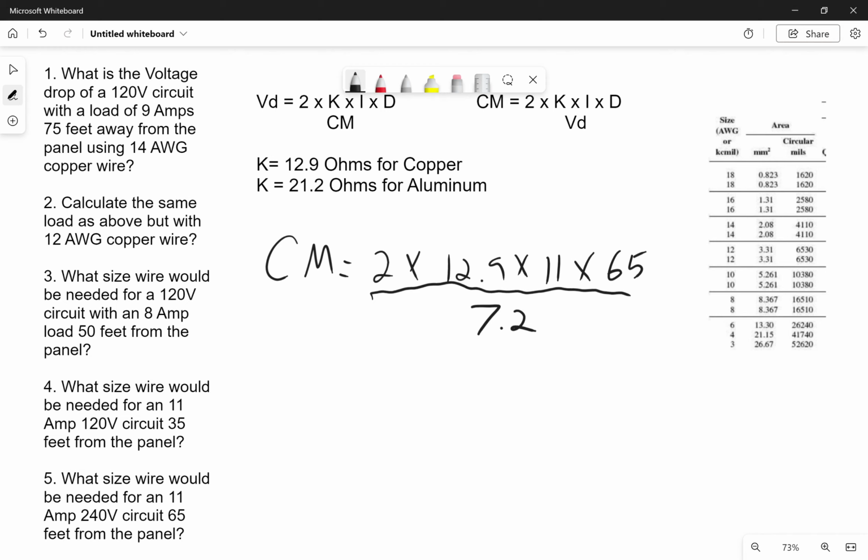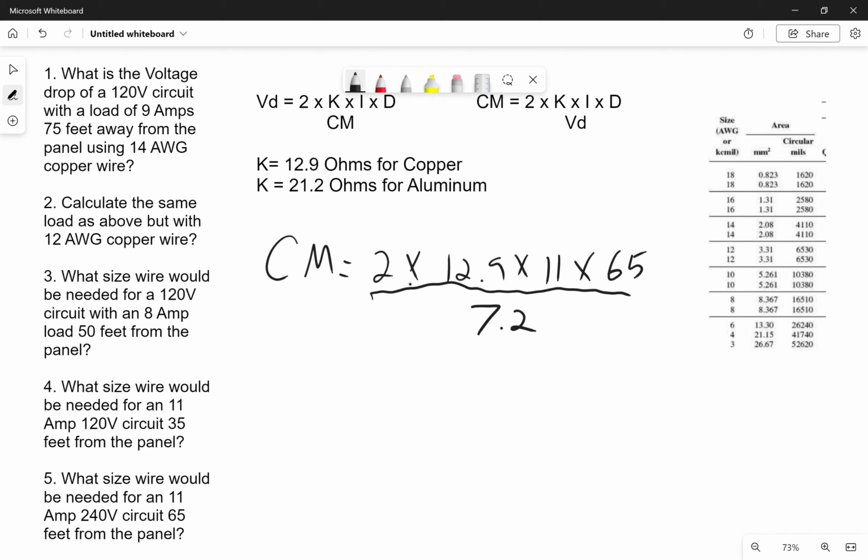Alright, once again, just doing the math. 2 times 12.9 times 11 times 65, we get 18,447. We're going to divide that by 7.2 and we get 25,062.